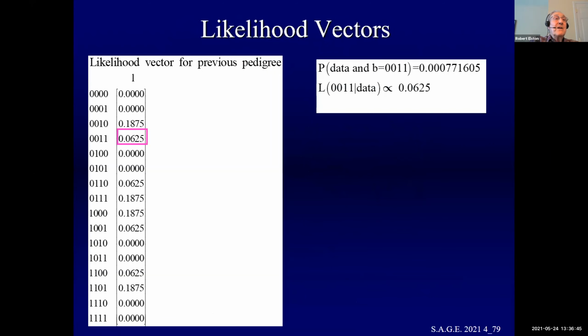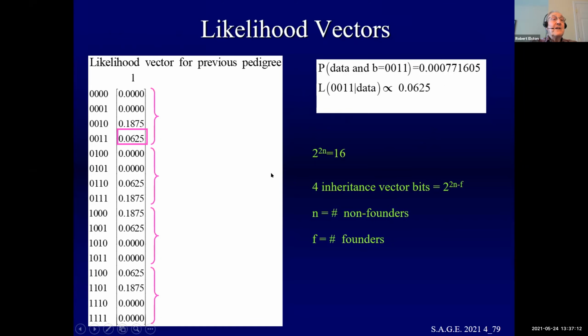So the probability of the data given B equals 0, the bits are 0, 0, 1, 1 for the sibs is this, and the likelihood is proportional to that. In other words, we get all these 16 of them, and we sum them and divide by the sum, and we find that this one is going to be this value here.